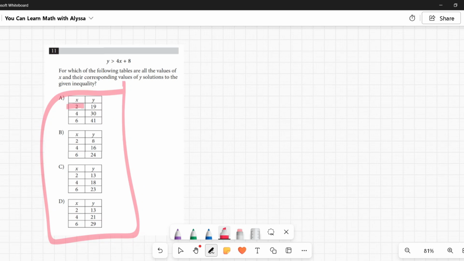If I start with just 2, it's possible I could only eliminate 2 answers, because this one has 19, that one has 8, but these both have 13. So if I plug 2 in here for x and I get something where 13 would work, I've only eliminated 2 options.